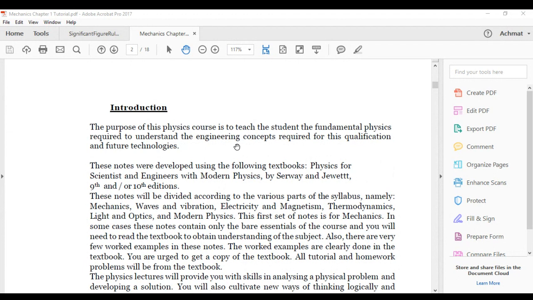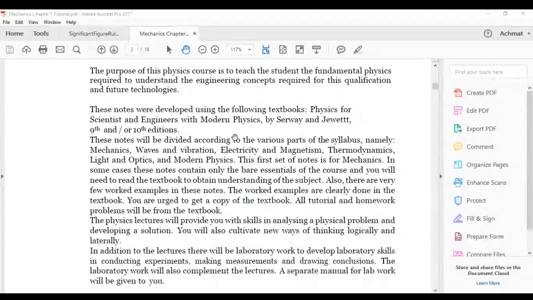Okay, right. The textbooks, as we mentioned in the course outline, will be the book called Physics for Scientists and Engineers with Modern Physics, the 10th edition. The authors here, as you can see here, the surname, Serway and Jewett. Oh, there's a triple T there, sorry for that. And there's also the 9th edition. You people can actually check in the bookshop on campus.